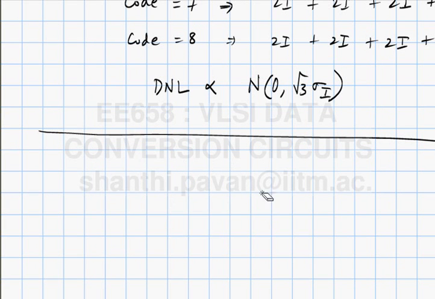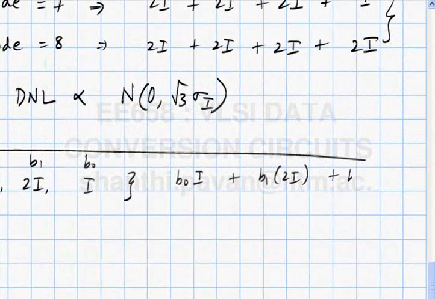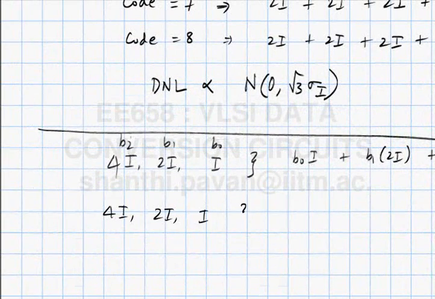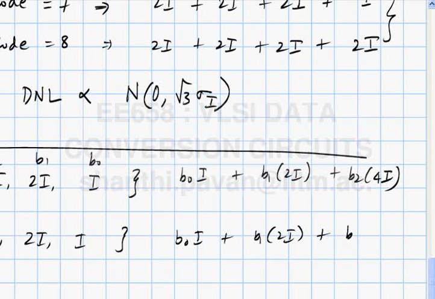So you have I, 2i, 4i, controlled by B0, B1, B2, so the output of this DAC will be B0 times I plus B1 times 2i plus B2 times 4i. So this will be B0 I plus B1 into 2i plus B2 into 4i, into B3. Alright. So how does this work now?